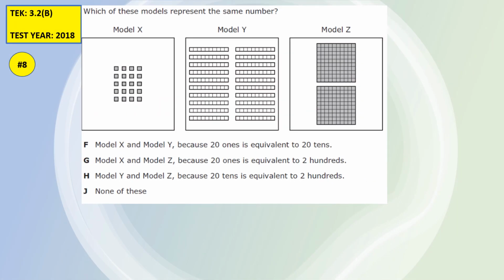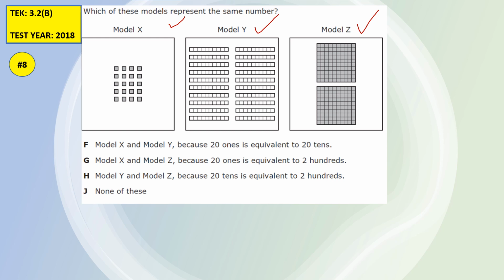Number 8 says, which of these models represent the same number? Model X, Model Y, Model Z. Answer choice F says Model X and Model Y because 20 ones is equivalent or equal to 20 tens.